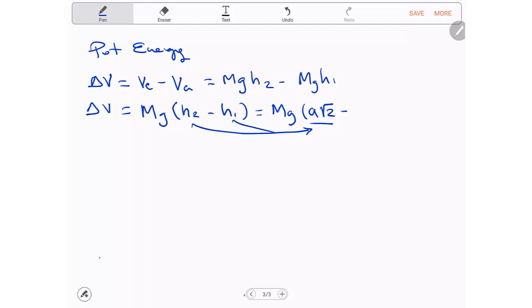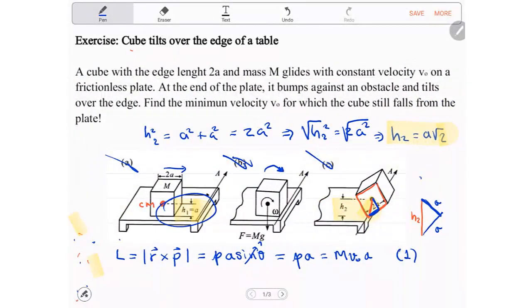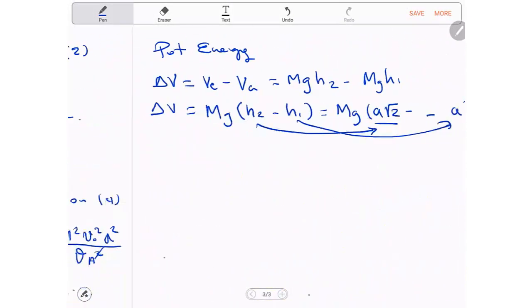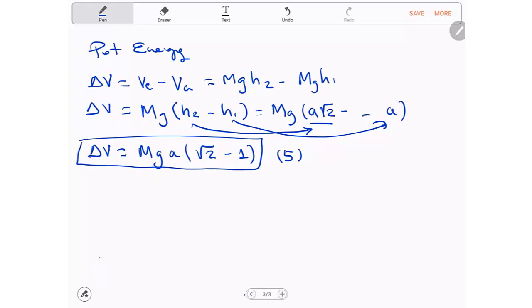And h1 would be A, remember h1 is A. We simplify this equation like this, taking out common factor A, and let's call this equation number 5.